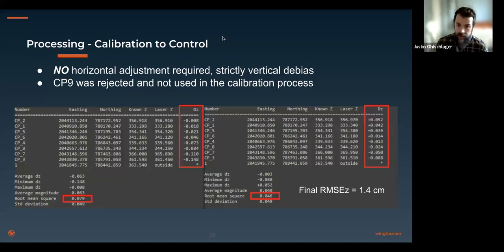We found that a debiasing was needed within this project. After we debiased the data, we had a final root mean square error of the elevation of 1.4 centimeters. Really like that number, centimeters, great stuff. We're really happy with that. We can move on to the next slide.